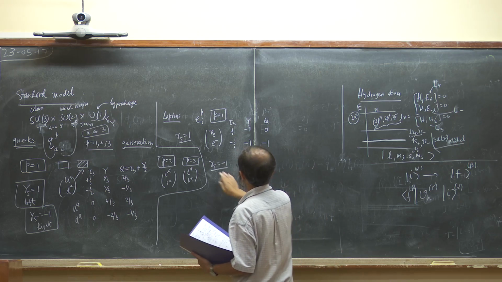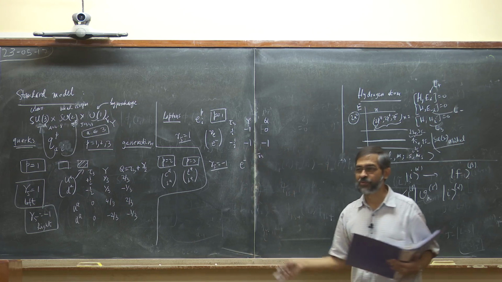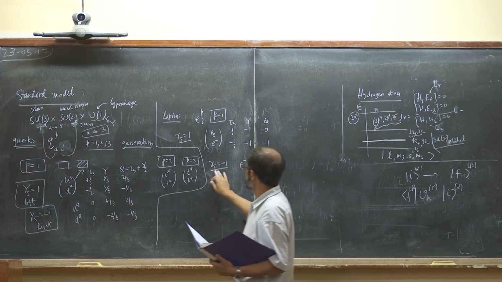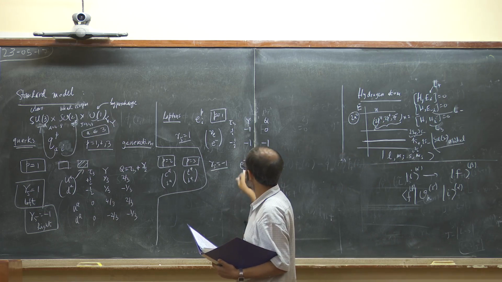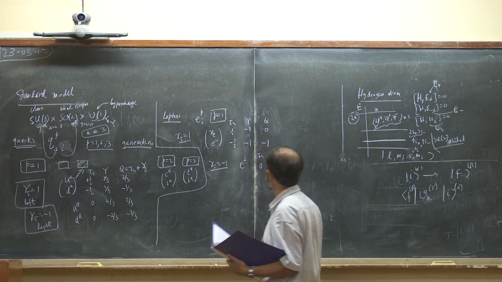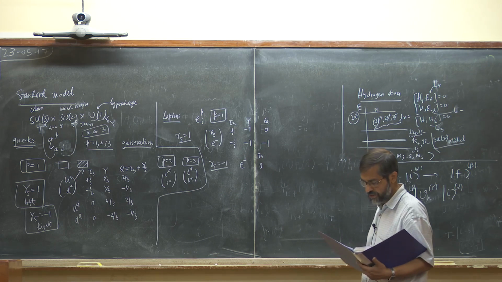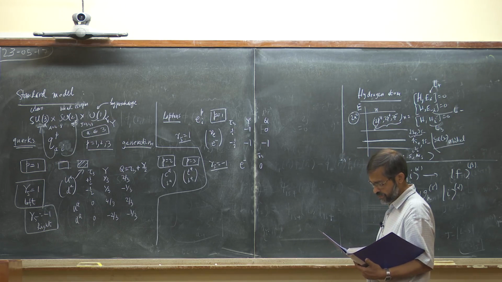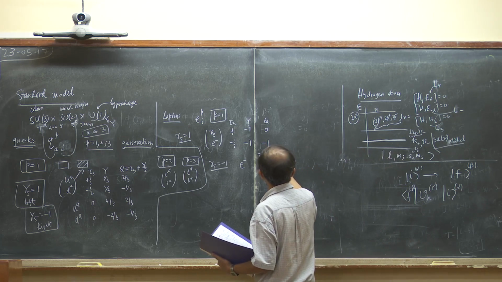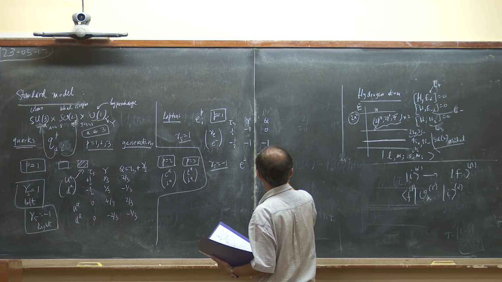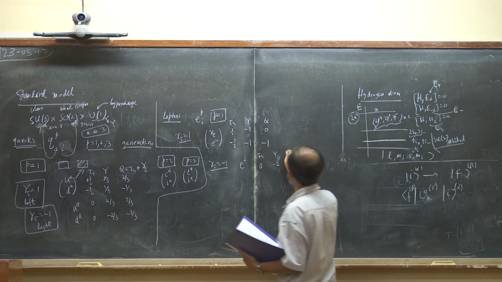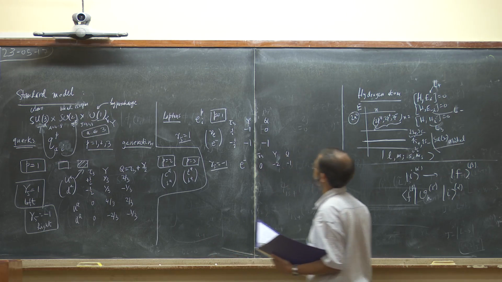These right-handed electrons are not acted on by weak interactions. So their tau 3 eigenvalue is 0, and their hypercharge y is taken to be -half, so that the electromagnetic charge is -1.